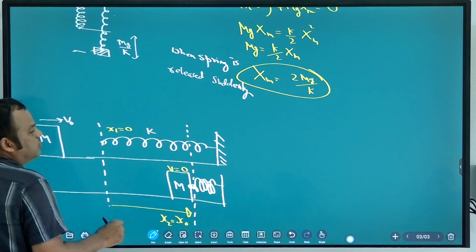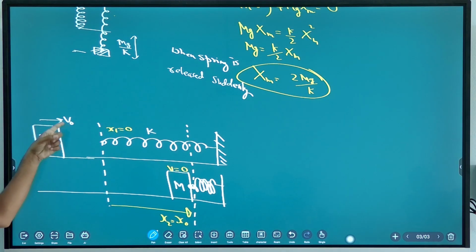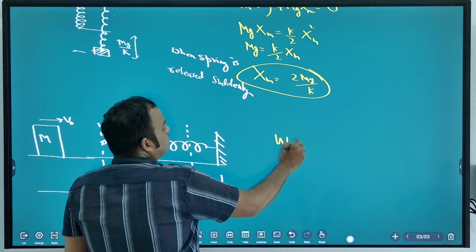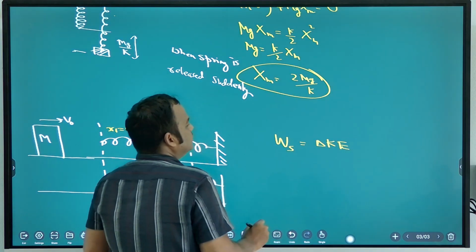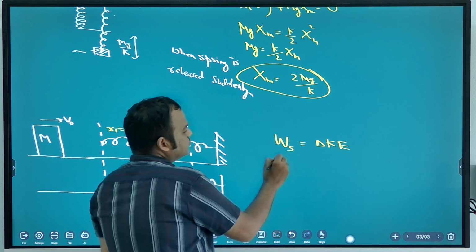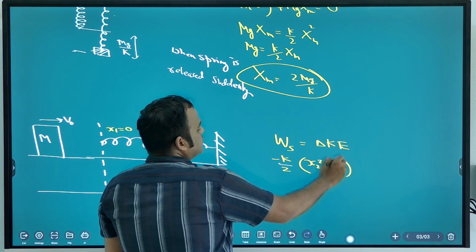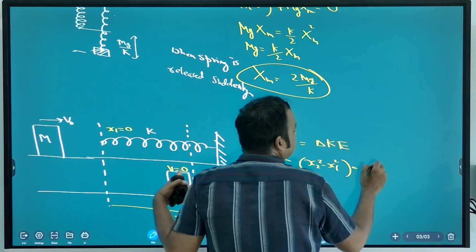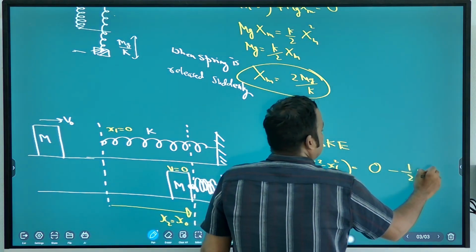So how to find x naught? Suppose v naught is given to you. Use the formula: work done by spring is equal to change in kinetic energy. What is the work done by spring? Minus k by 2 times x2 square minus x1 square is equal to change in kinetic energy. Final kinetic energy is 0 minus initial kinetic energy, half m v naught square.